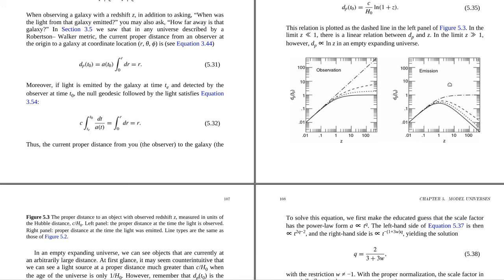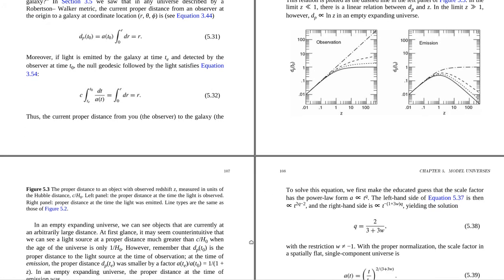No object that you observe is going to have a proper distance larger than this at the time of emission. Those signals are not going to reach you. Anything which was farther than this at time of emission, after that point no signal is going to arrive. So this kind of limits your universe.